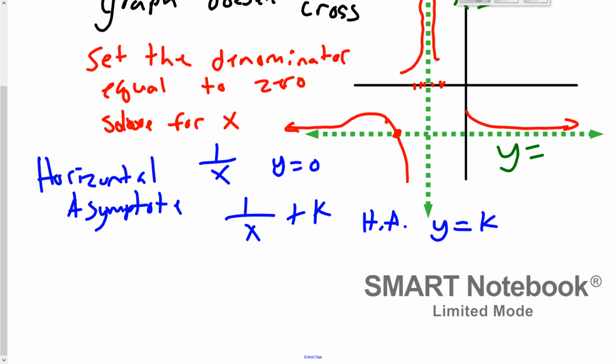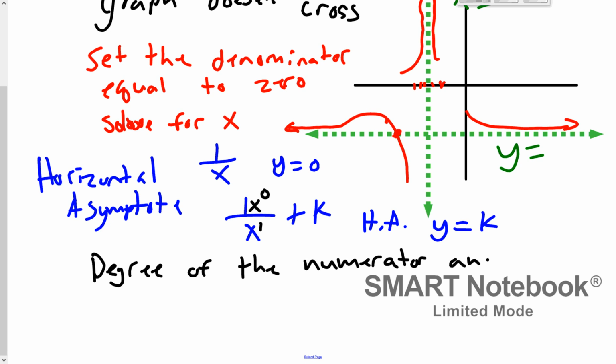So we know that it's basically y equals k. Notice that the degree of the denominator is 1 and the degree of the numerator is actually 0 on the reciprocal function. So the degree of the denominator is bigger. We're looking really at the degree of the numerator and denominator.